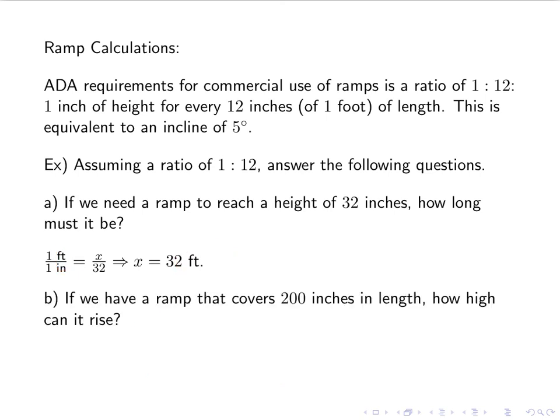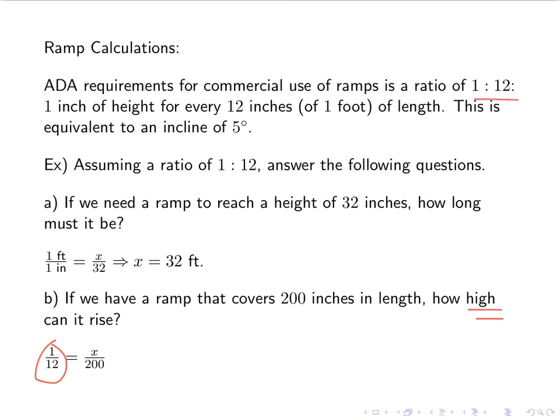If we have a ramp that covers 200 inches in length, how high can it rise? So now my length is in inches, so I'm going to use the 12 because that's in inches. So my 1 to 12, I know my length, so I'm going to put the length on the bottom, and I'm looking for height, so I'm going to put the height on top. So now I'm reversing it back to the original 1 to 12.